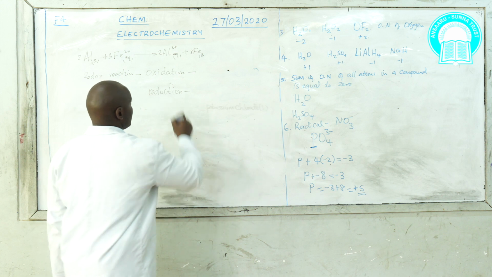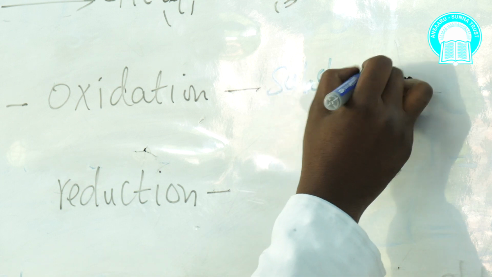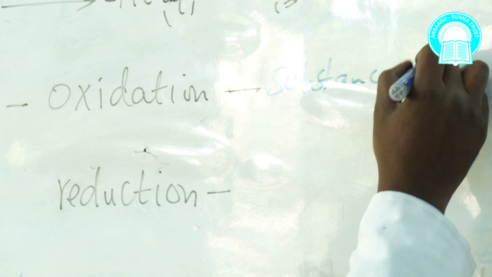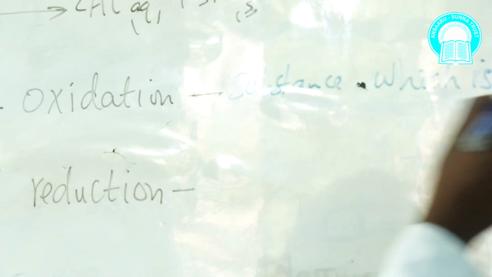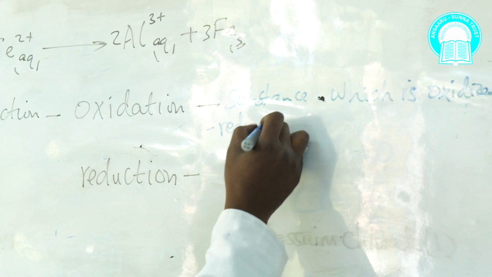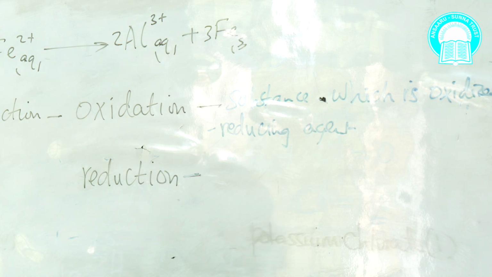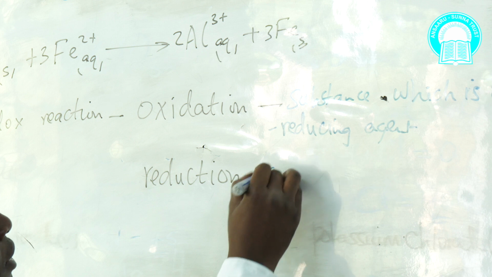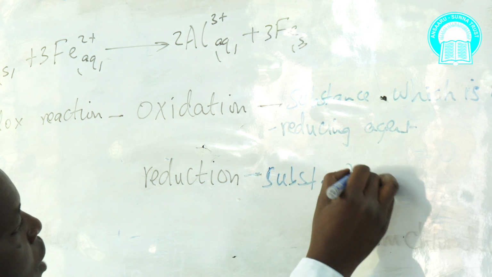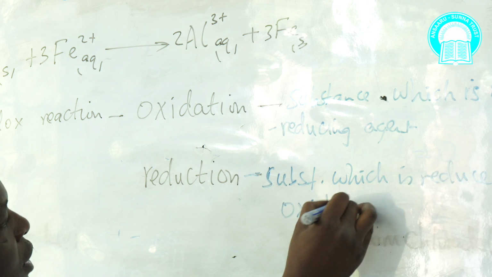The substance that undergoes oxidation, the substance which is oxidized, is called the reducing agent. The substance which is reduced, or undergoes reduction, is called the oxidizing agent.